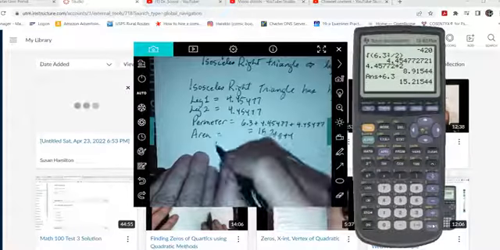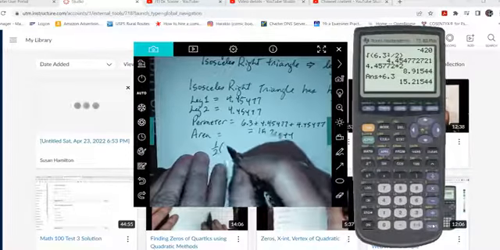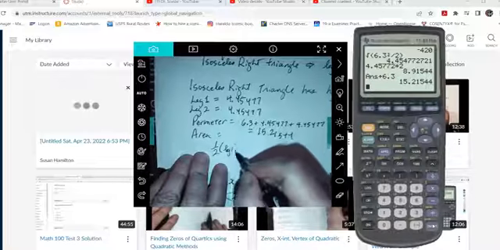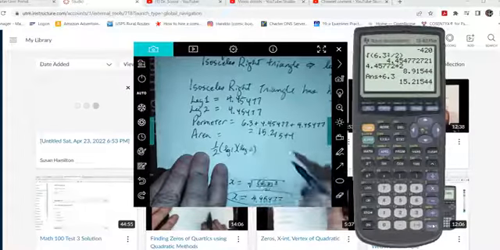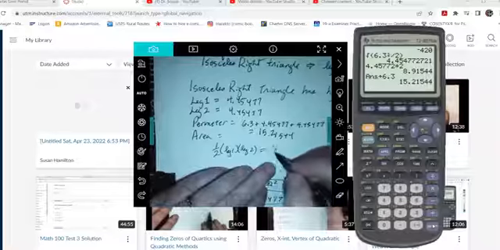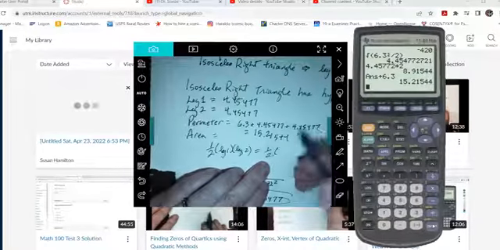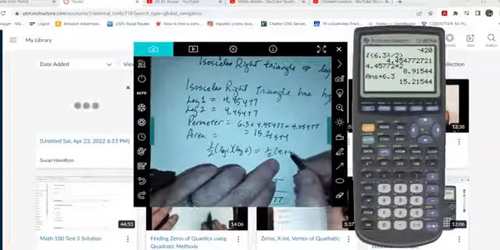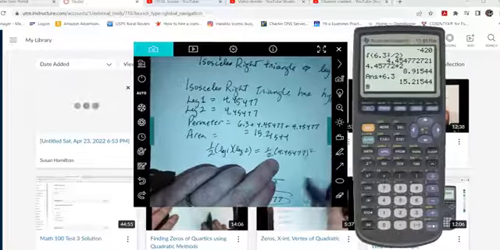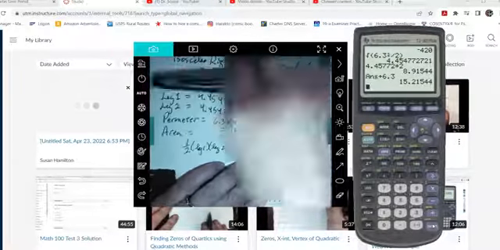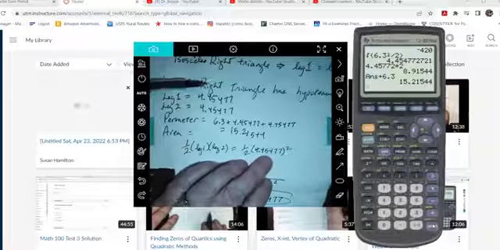Now area is 1/2 times leg 1 times leg 2. But leg 1 and leg 2 are the same, so it's the same as that. Or you can just type in that times that.